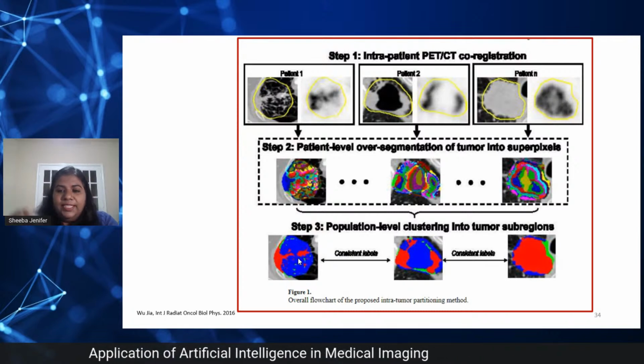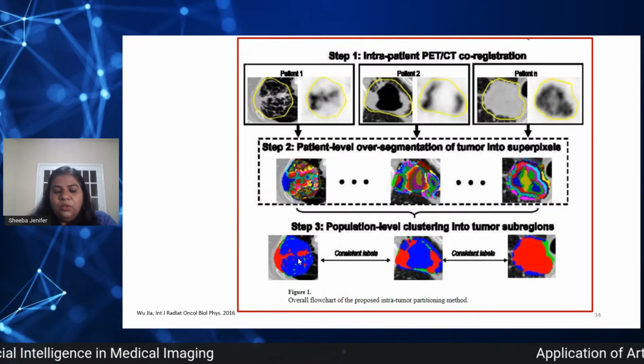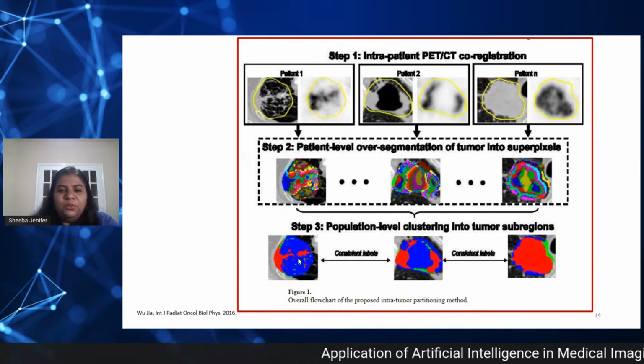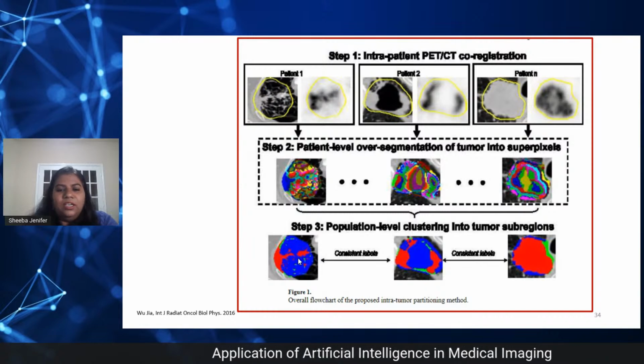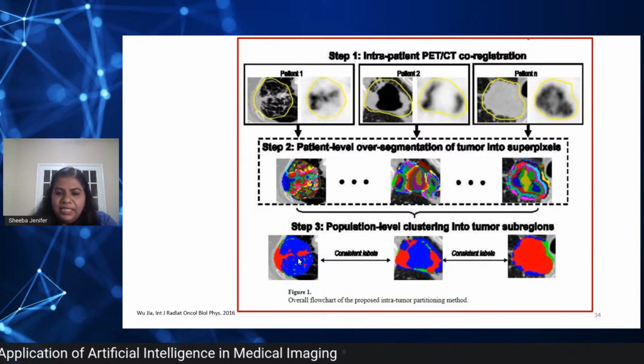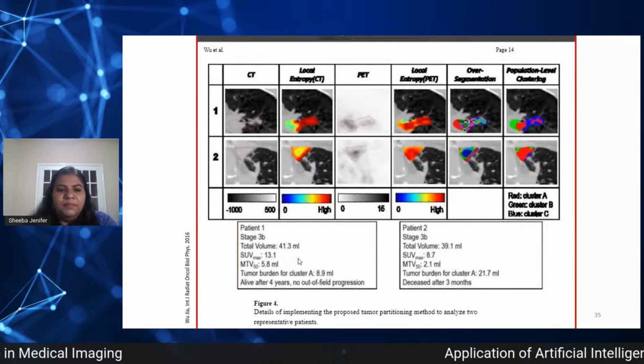So this is a region inside the tumor region. We are just going in with a magnifying glass, going deeper into the tumor and seeing that not the whole tumor is the same. You still have subregions in it, and these subregions specifically can help to predict the tumor response.